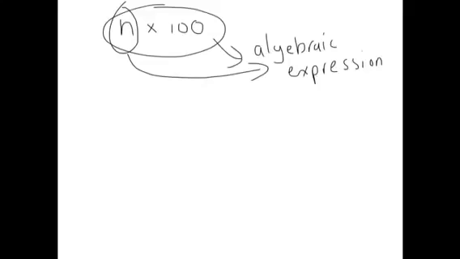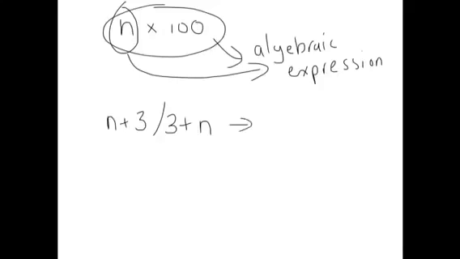It's important to know how to read an algebraic expression. So for instance, if you're presented with n plus 3 or 3 plus n, which is essentially the same expression, what does this mean?